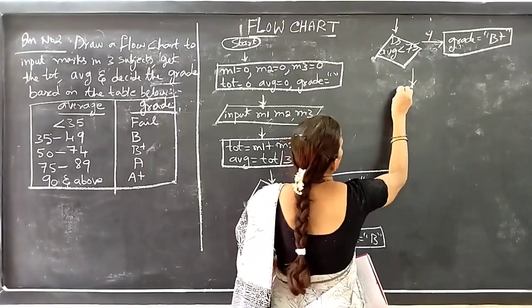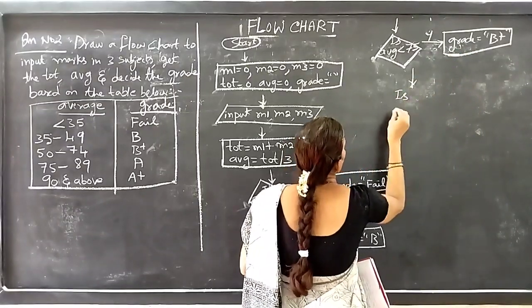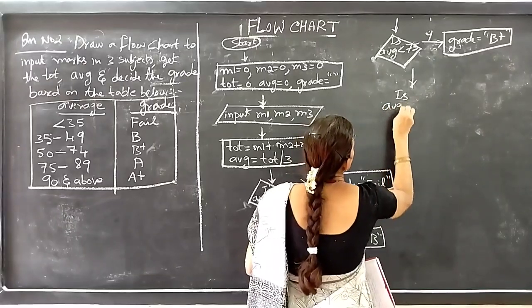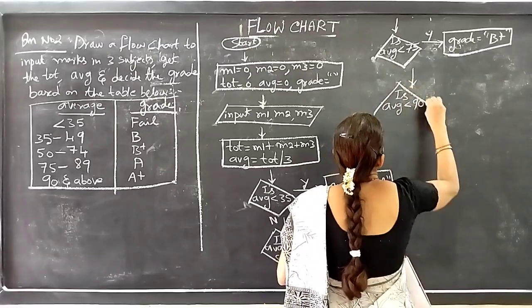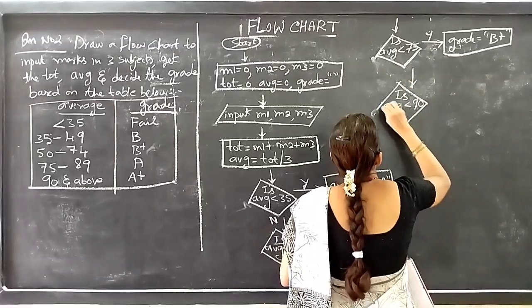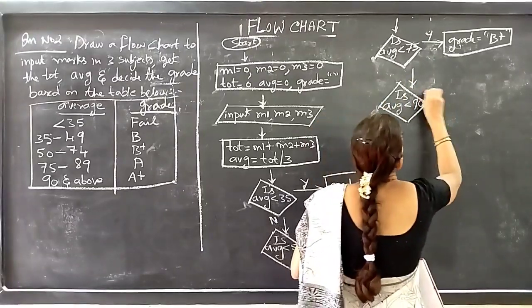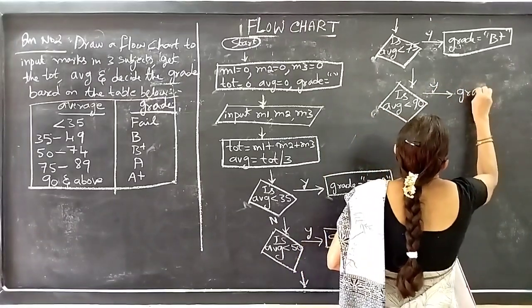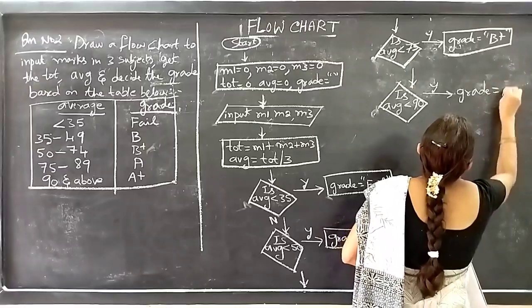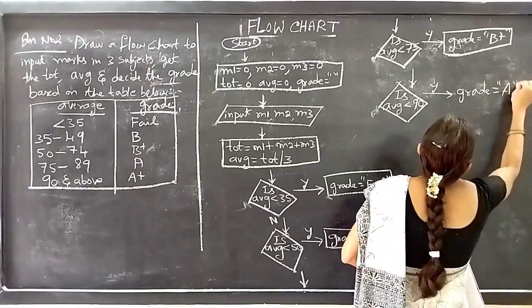Next, one more check: is average below 90. The result will be A, with double quotes.